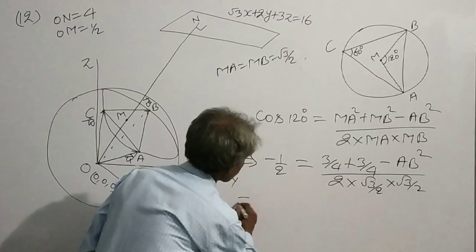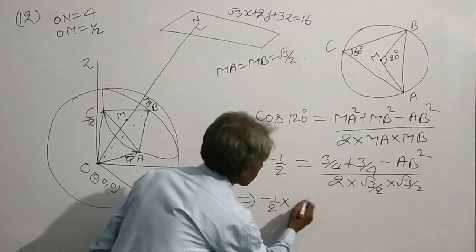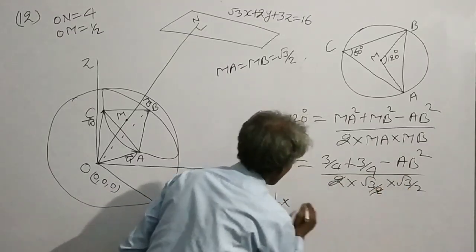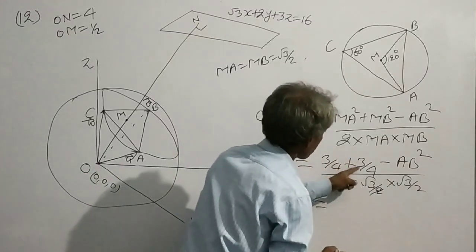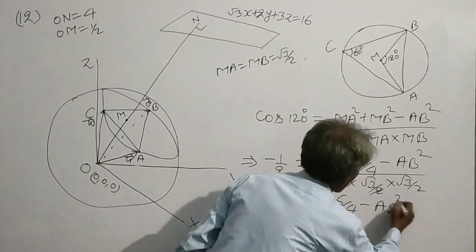This implies minus 1 by 2 times 3 by 2 is equal to 3 by 4 plus 3 by 4, 6 by 4, minus AB square.